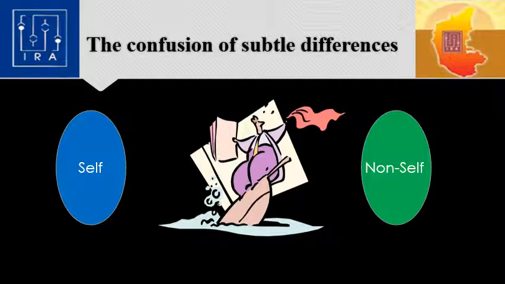One possible theory is that there could be a confusion because of subtle differences. As we know, especially the biology students, all of us are made out of a few amino acids and a few protein substances, a few organic materials.